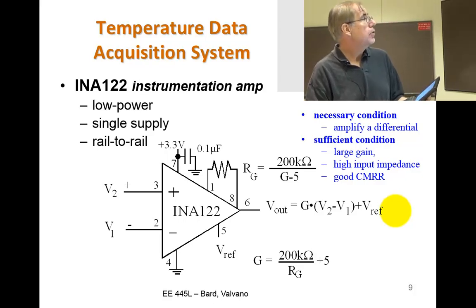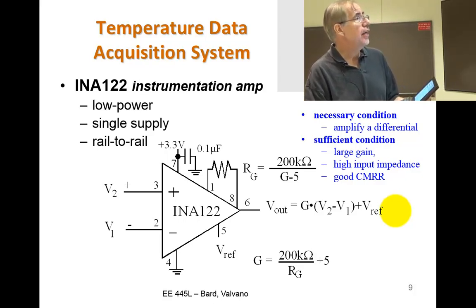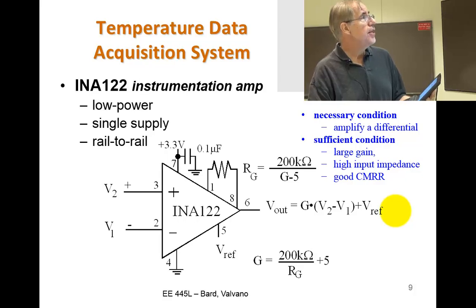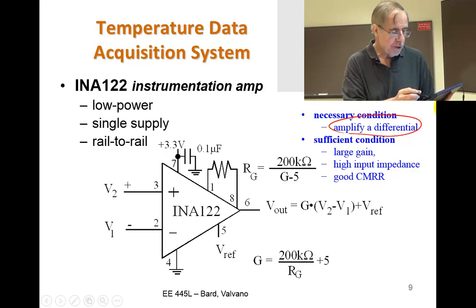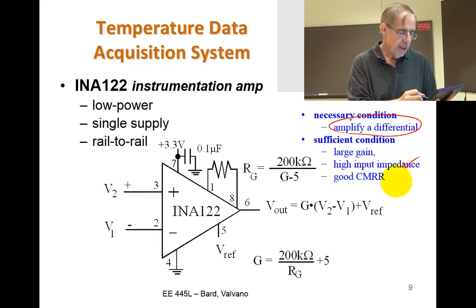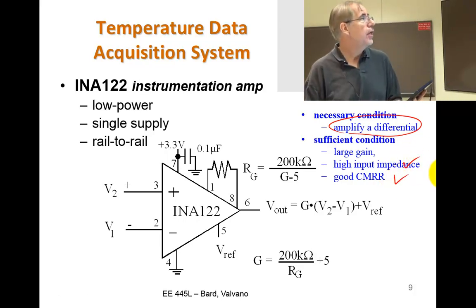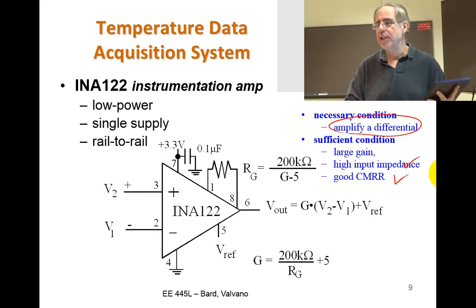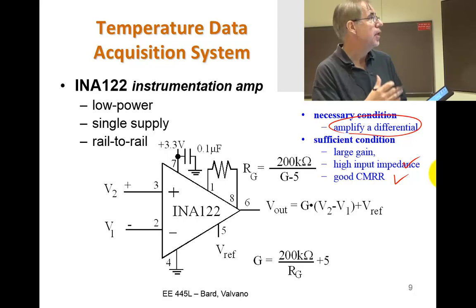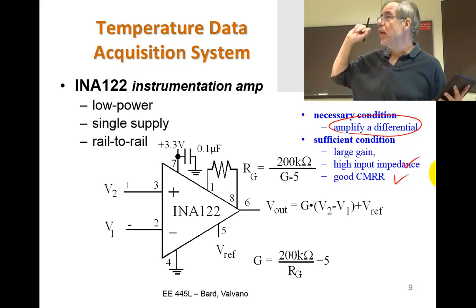And there's my rules. You remember, it does satisfy the necessary condition, which was to have a differential input, and two of the three sufficient conditions. We needed a large input impedance, and it turns out common mode in our system. The bridge has got a wonderful thing.